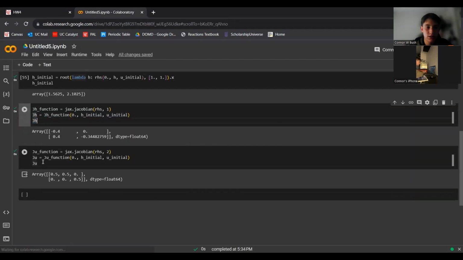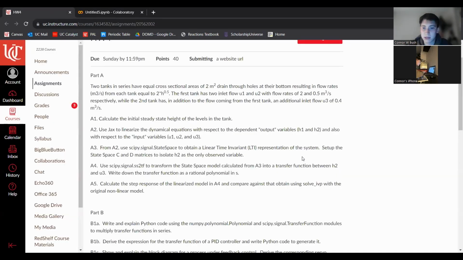So this is A, this is B. And then this is specifically saying that we want to isolate H2 as the only observed variable, and that's going to come into play in this C matrix, and then this D matrix is going to be left alone as essentially 0 because we don't want any of the flow rates, because C deals with our A matrix and D deals with the B matrix when we are multiplying out.